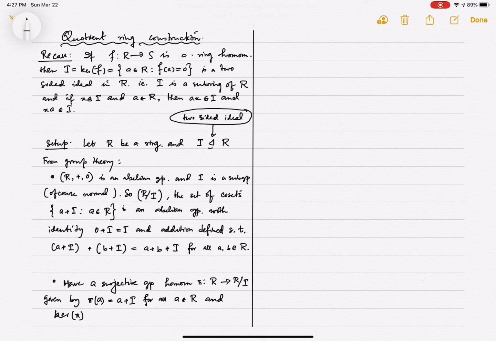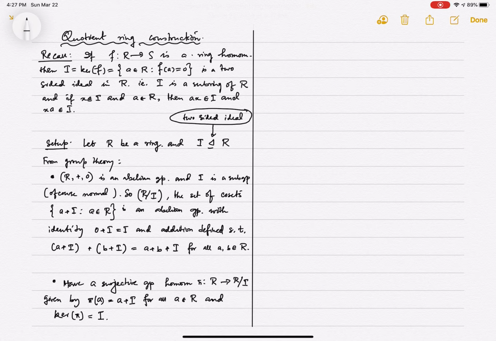Notice the kernel means exactly the same thing whether you're thinking of this as a group or as a ring. It's all the things that map to the zero element, which is the identity element of the abelian group. The kernel of pi is just I. So all this you have.